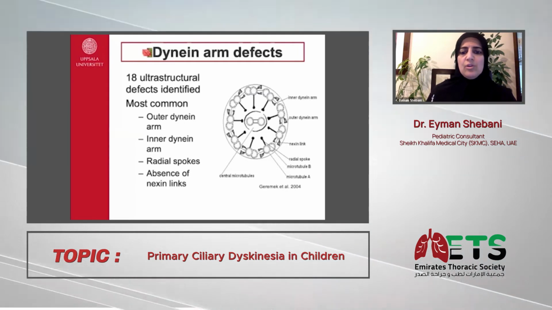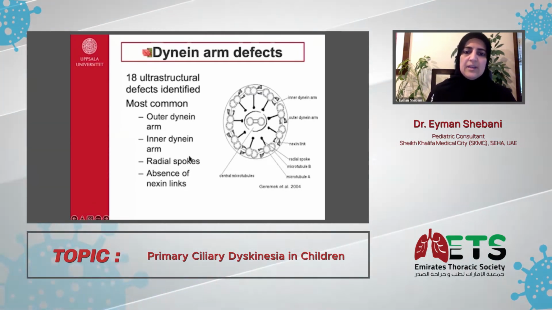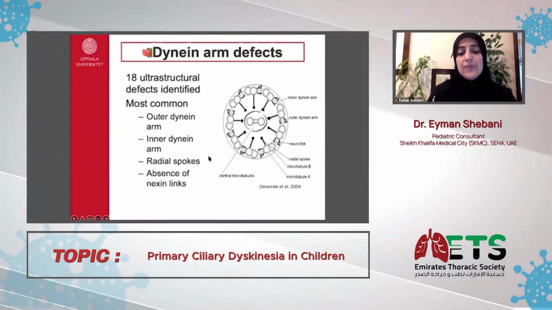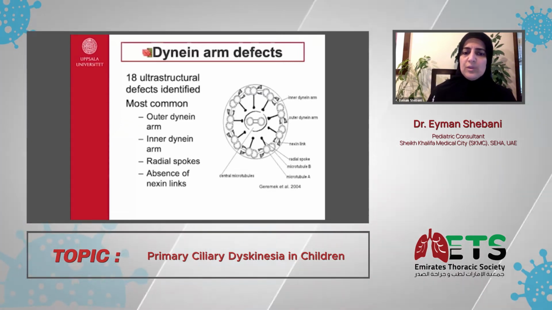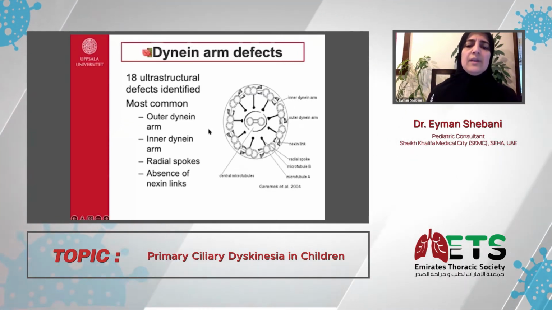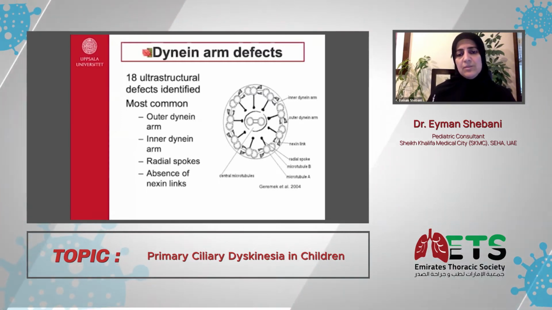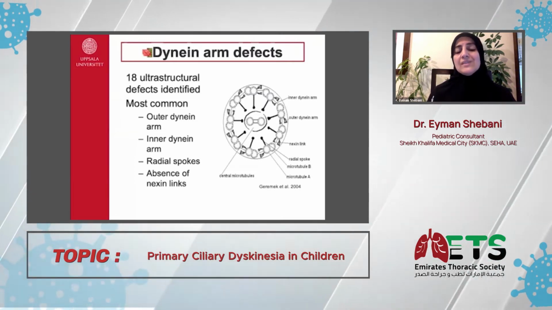So before, it was all trying to prove that there was an abnormality in these cilia. And it was more about finding defects in the dynein arms, the radial spokes, or the nexin links. These are the main factors when we make the diagnosis. There are other abnormalities, but that was mainly my field of research, they were more with secondary dyskinesia.